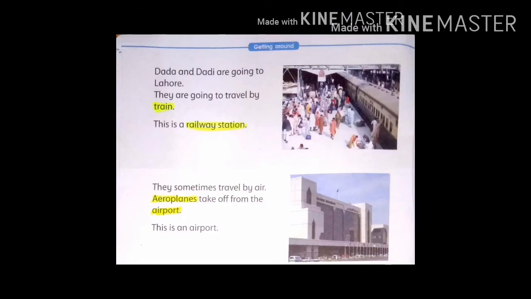Next paragraph is Dada and Dadi are going to Lahore. They are going to travel by train. This is a railway station. And this is the picture of a railway station. Sarah and Saad's grandparents are going to Lahore and they are going to travel by train.